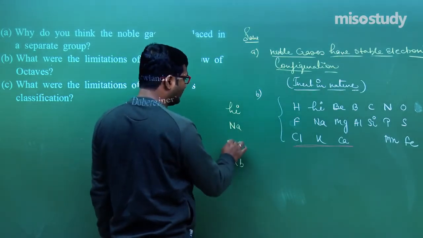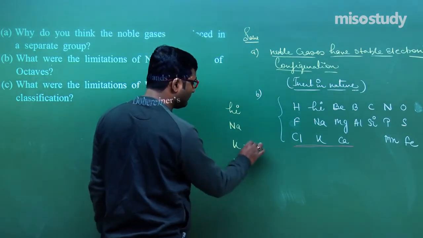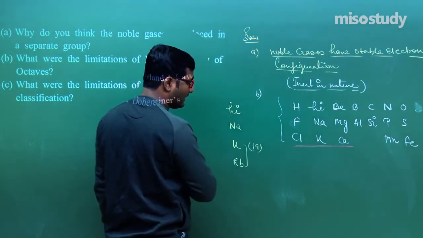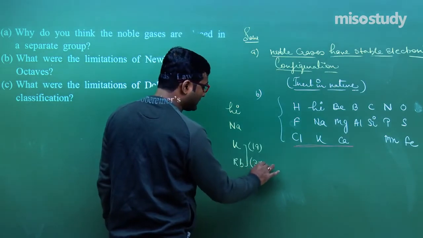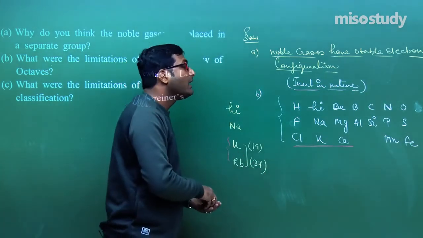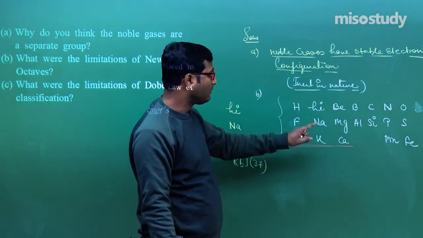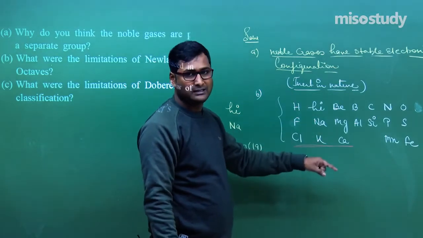Potassium to rubidium has a big gap, not 8, because potassium has atomic number 19 and rubidium has atomic number 37. So in this case the musical note pattern is not followed. So this is valid only up to calcium.